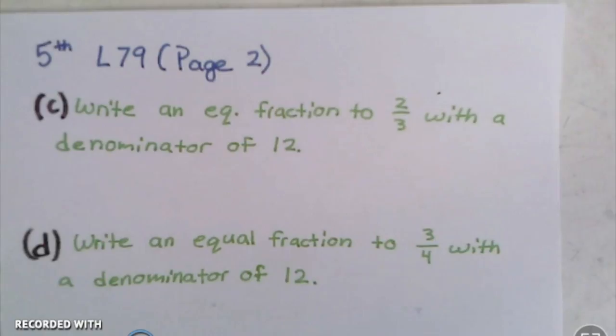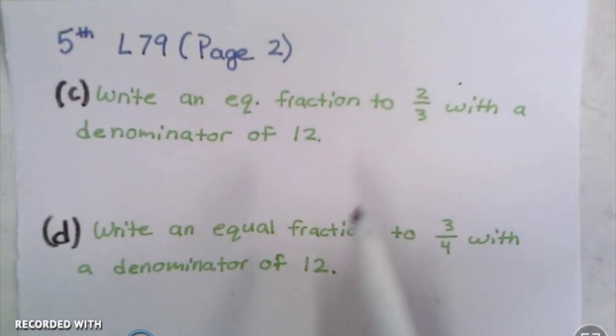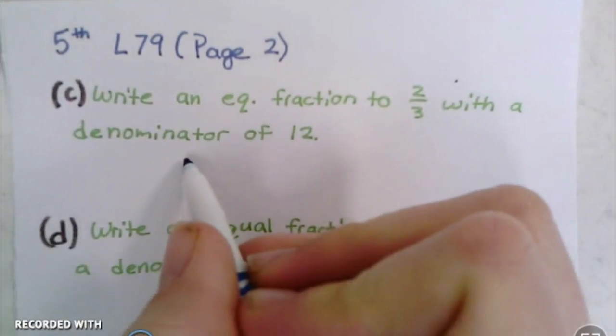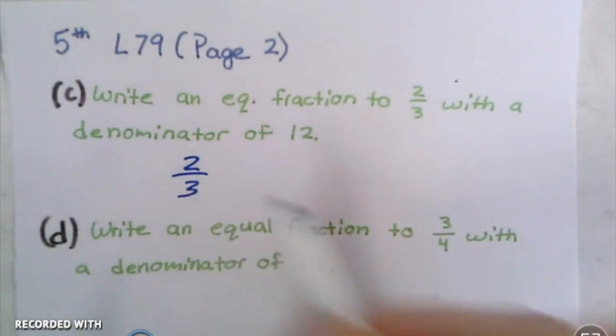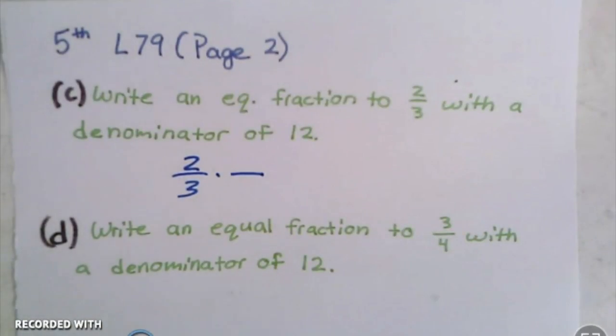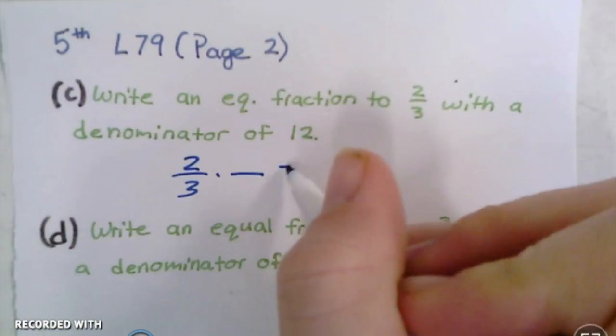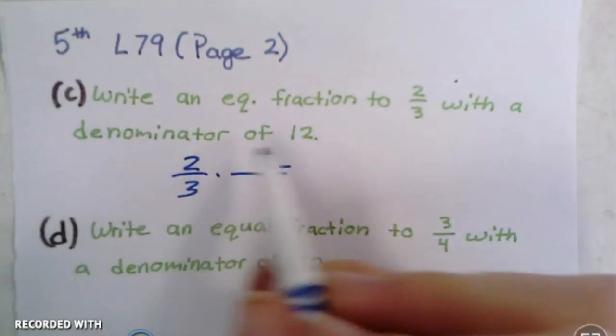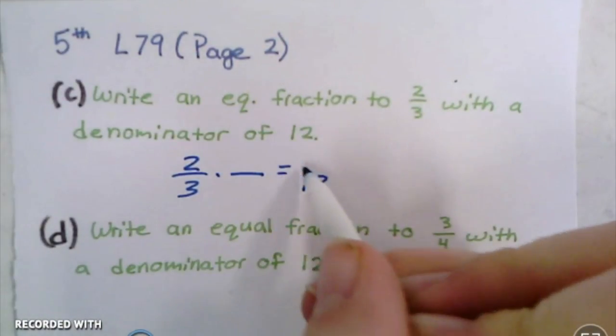Write an equivalent fraction to 2/3 with a denominator of 12. So to do this type of problem, I'm still going to start with the fraction that they gave me. And I know I'm going to be multiplying it by another fraction that equals 1. And I know that my answer should have a denominator of 12.